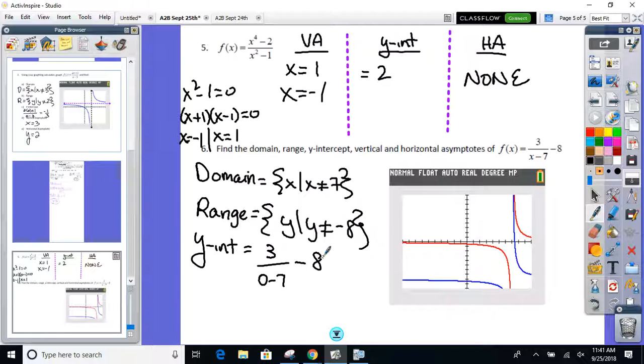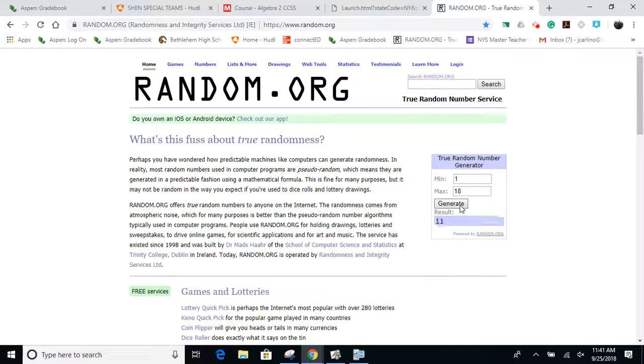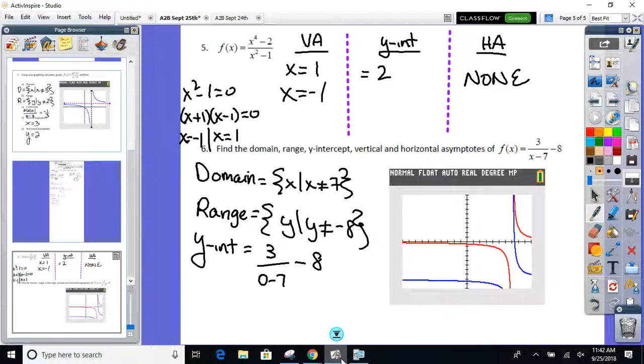Make sure that -8 doesn't go in the template. As a fraction, what are you leaving it as? That's all I need. Thank you. Perfect.